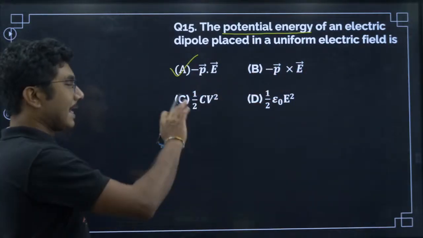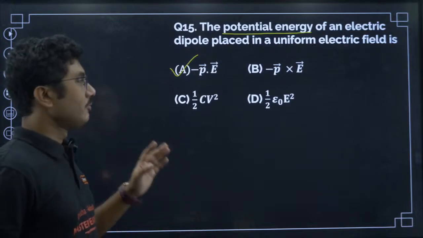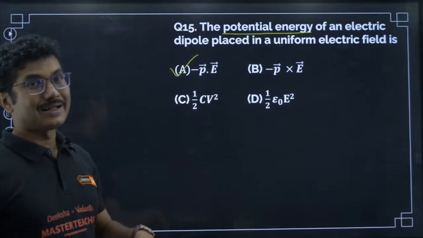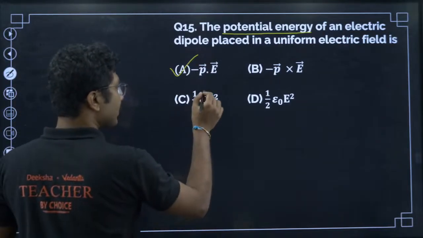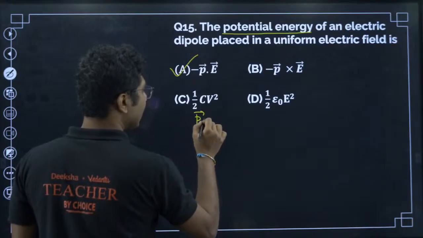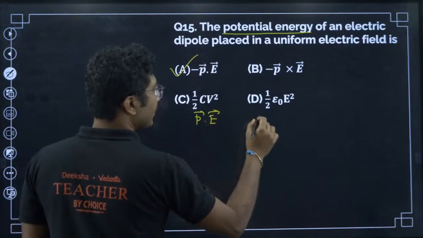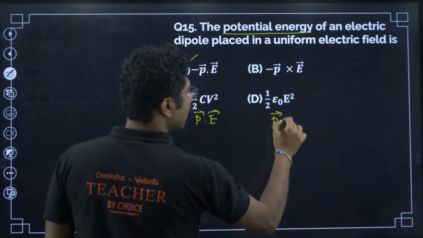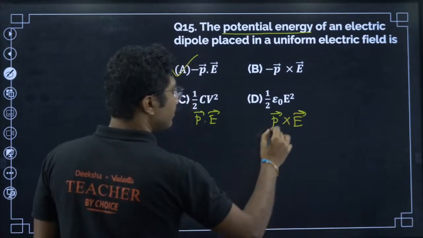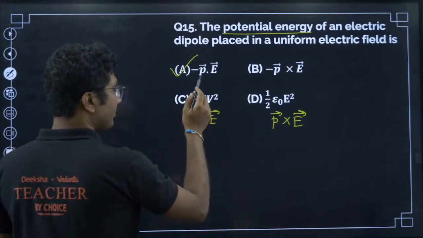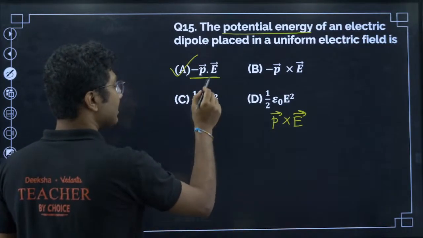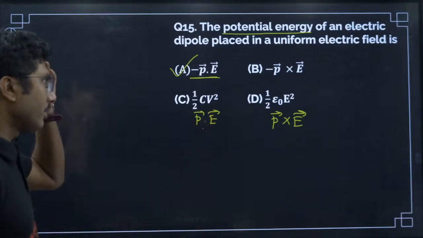There is no negative sign for torque, but for potential energy there is a negative sign. So if option C was P dot E and option D was P cross E, then you need to be very careful to pick the correct answer.